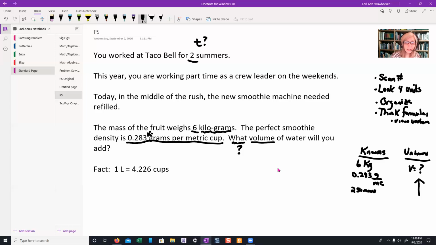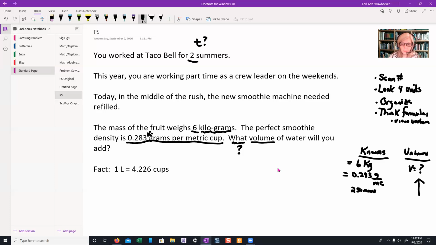Now, if I get stuck and I don't know, I guess I could start saying, well, what do I know about some of the numbers? You know what, I didn't even finish this. So even though I have my knowns as 6 kilograms, I have to say to myself, what is that a measurement of? It's a measurement of some sort. And when we think about kilograms, we're talking about some type of weight.